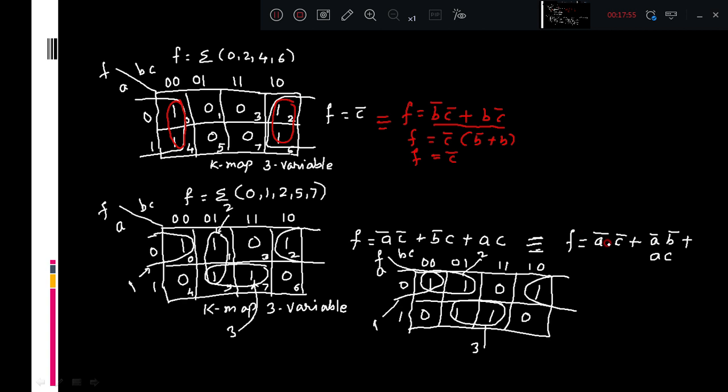They are equivalent. The solution depends on how we group and how we get the answer.